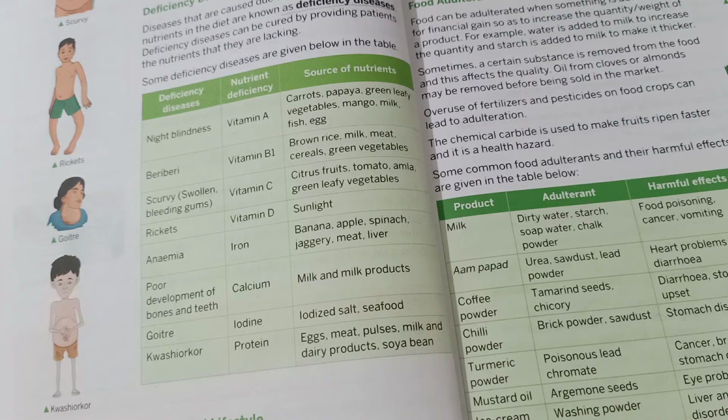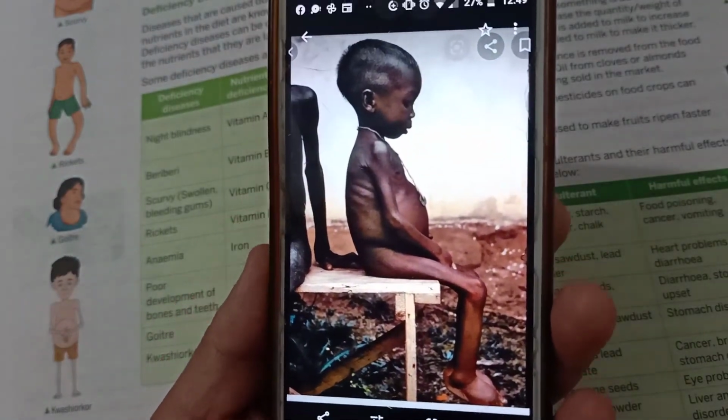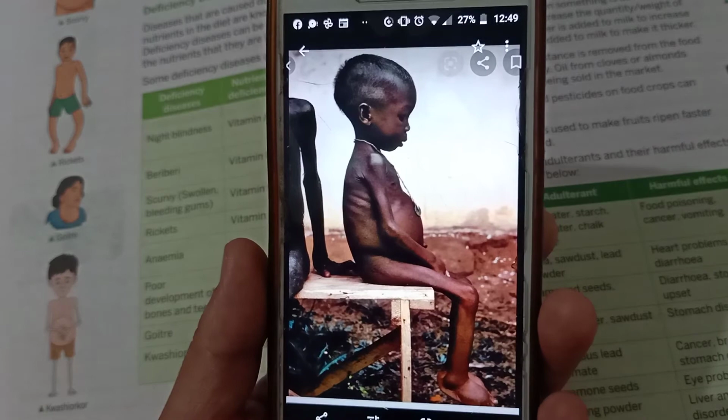That is one symptom. Other symptoms are thinning of hair, loss of teeth, and improper development of muscles. If we see this particular picture, we will be very clear about kwashiorkor.